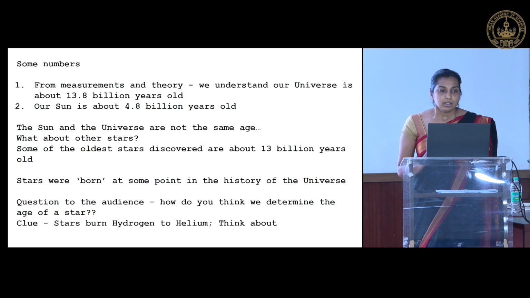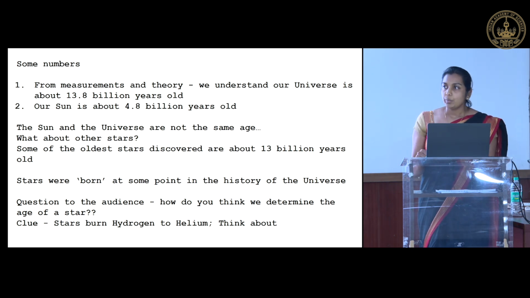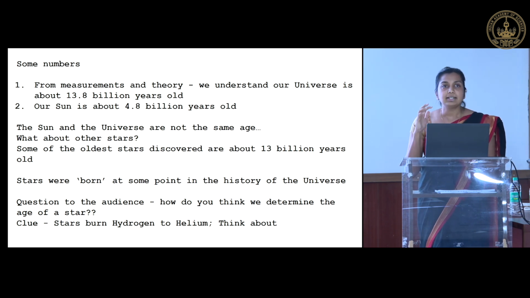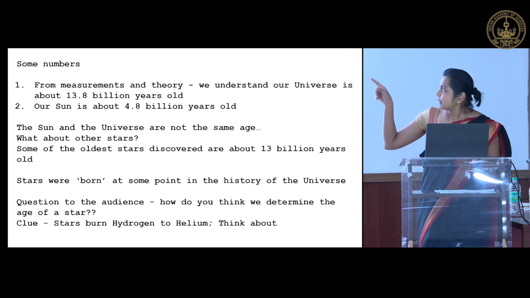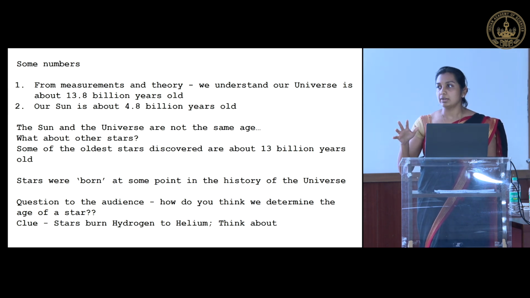Now, here are some numbers just to get you thinking. We have different measurements, including something I'll discuss later, that have told us that the present age of the universe is about 13.8 billion years. We also think our sun is about 4.8 billion years old, which means that the sun was born at some point in the history of the universe.